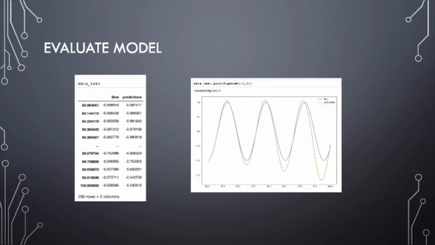But then once it hits about 91 or 92 on the very right, it gets very off. So this just shows us that although our predictions are very good in the beginning, it might not be a good model to use if you're wanting to use it for further values down the road.